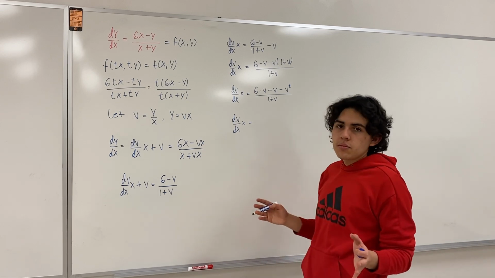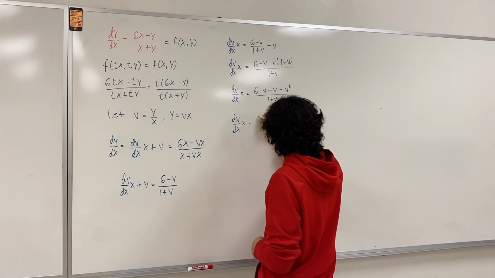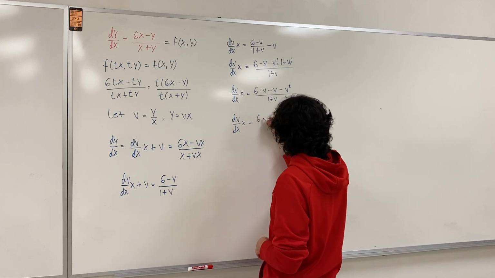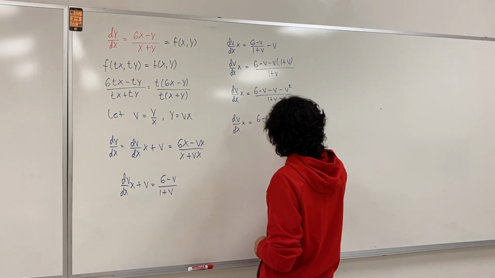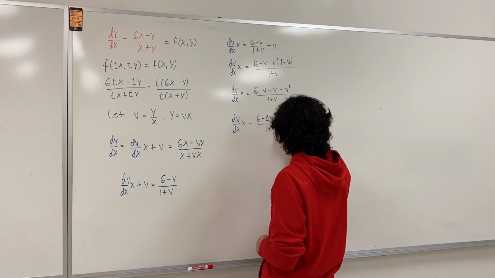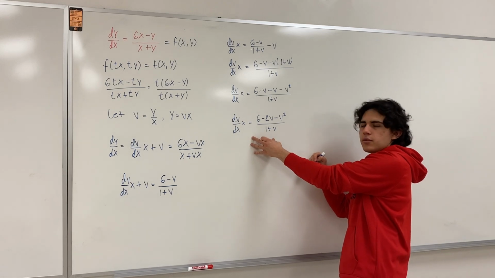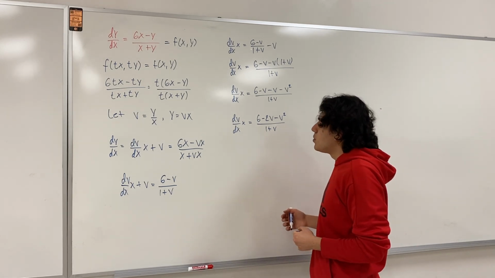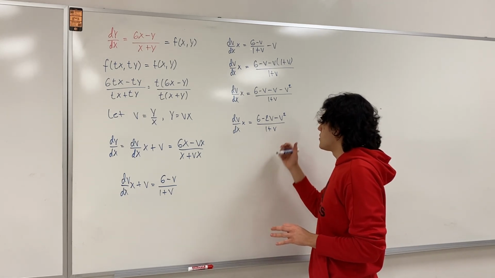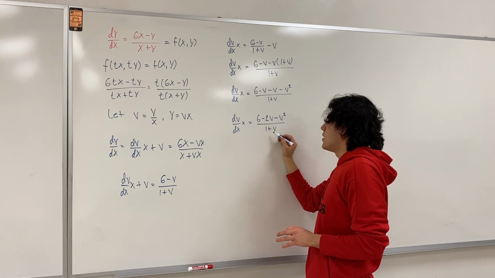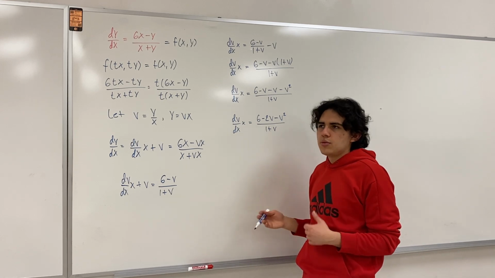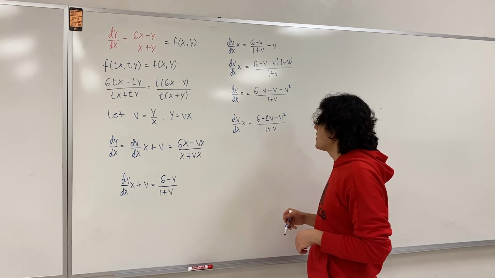Is there anything else we can simplify? Nope, but that's okay, because even though this looks a little hard to integrate, you're gonna see that we can do this integral that we're about to do with u substitution in a really clever way, in my opinion. So here's our separable differential equation. This is fully simplified. Well, technically not, because you could factor this into 1 plus v again, but you would be undoing what we just did, so don't do that.